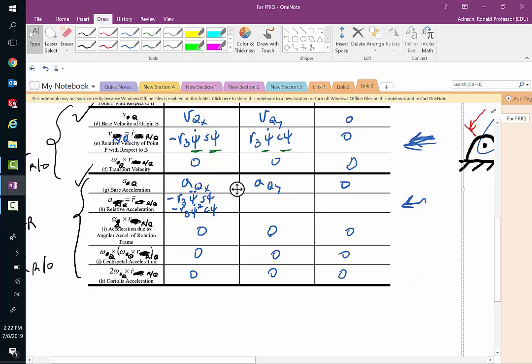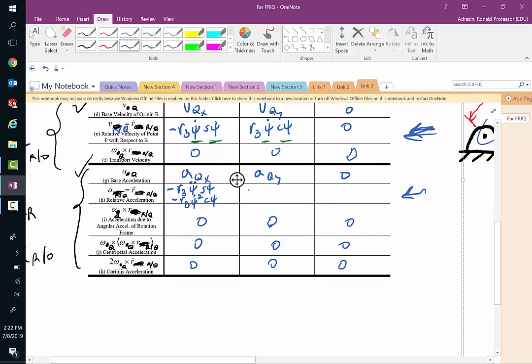If I hold cosine psi constant first, R3 psi double dot cosine psi, minus R3 psi dot, and derivative of cosine psi is minus, I already have the minus here, and then it's a psi dot, sine psi times a psi dot, so that squares.